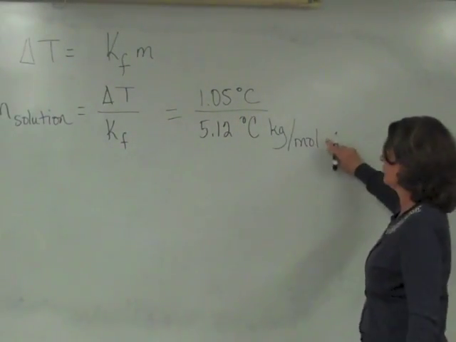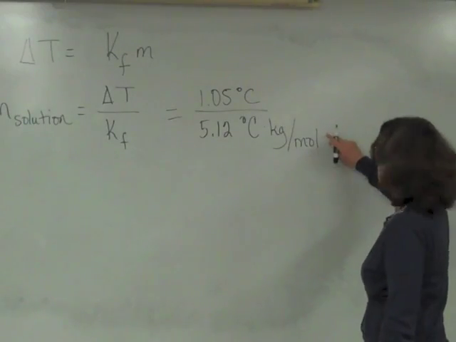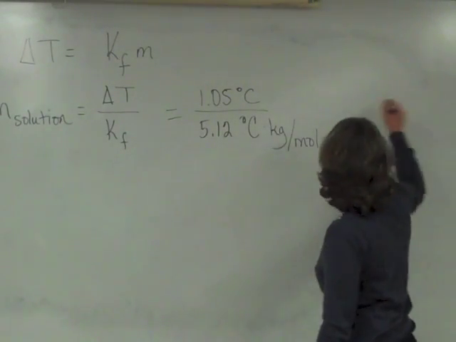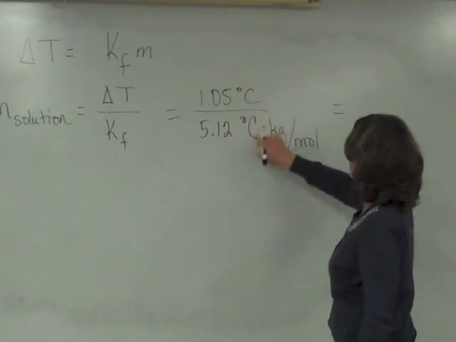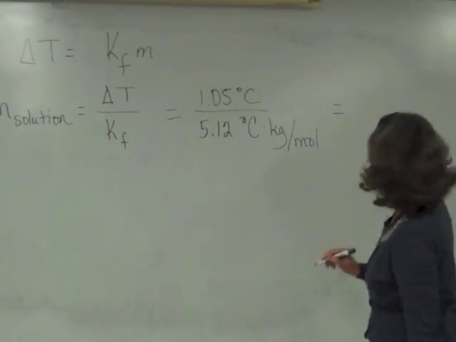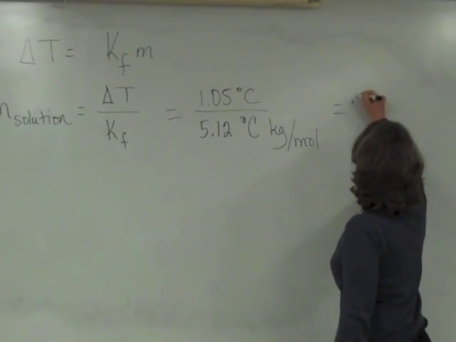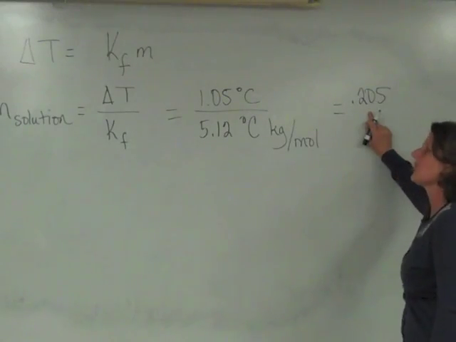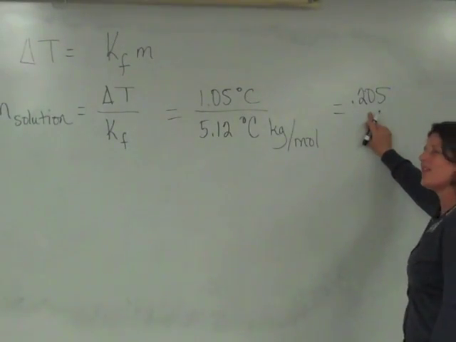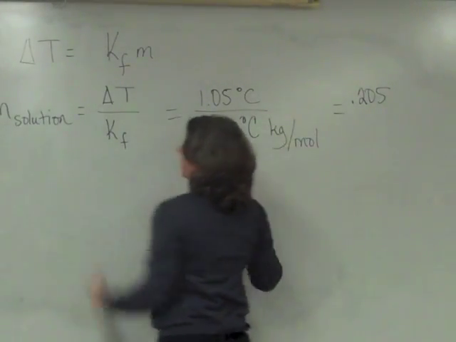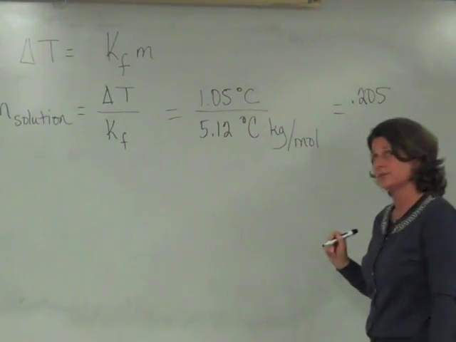And we know where this is going to go, right? This is going to end up going into the numerator. So if we do this division, you guys, what do we end up getting? We end up getting 0.205. That is our number, and that is the molality of the solution.